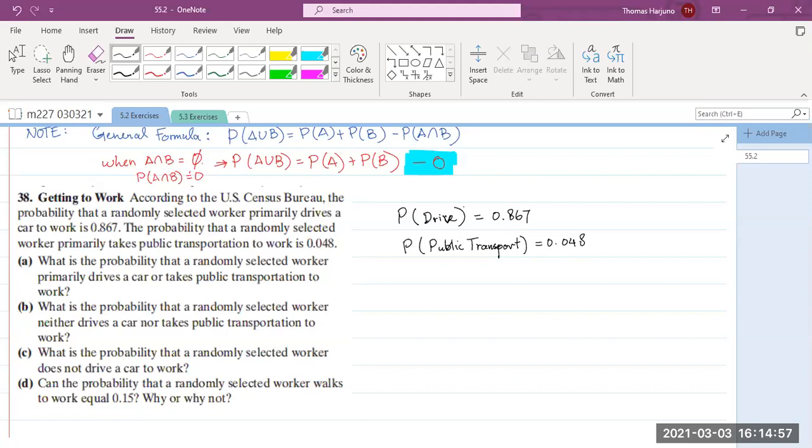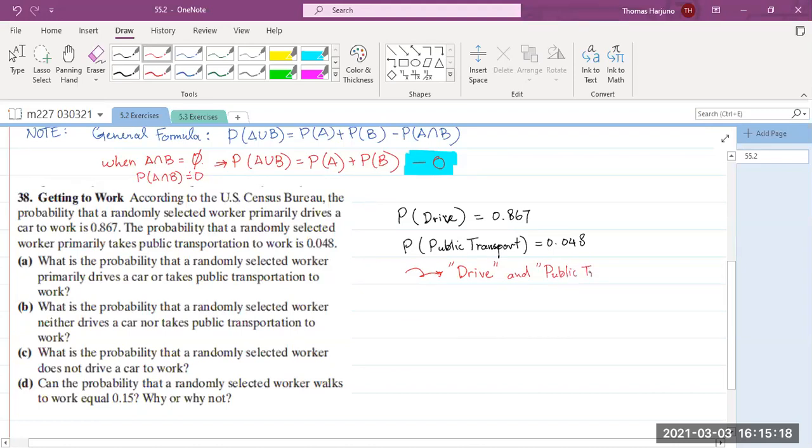If that person uses public transportation, of course, it means that person doesn't drive, right? So from there we conclude that the event of driving and the event of using public transport are disjoint.